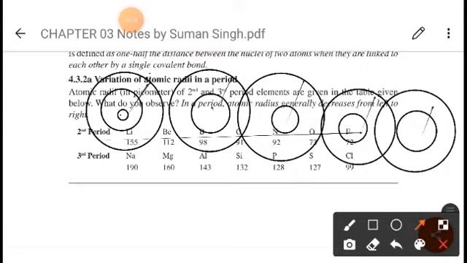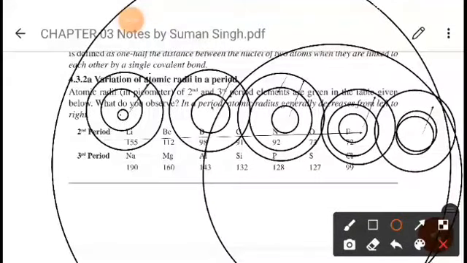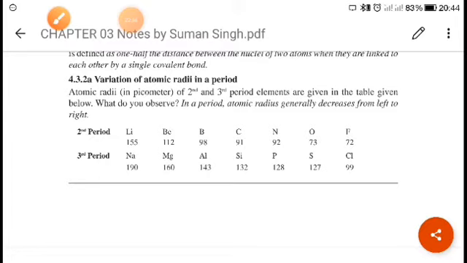The nucleus generates a force on the outermost shell. As the atomic number increases, the nuclear charge also increases, and it pulls the electrons strongly towards itself. That is why the shell will shrink, and the size of the atom, sorry, the atomic radius, will decrease. I hope you have understood this.